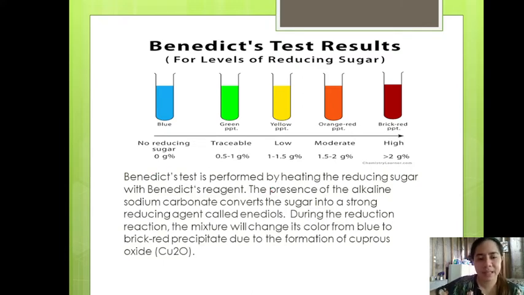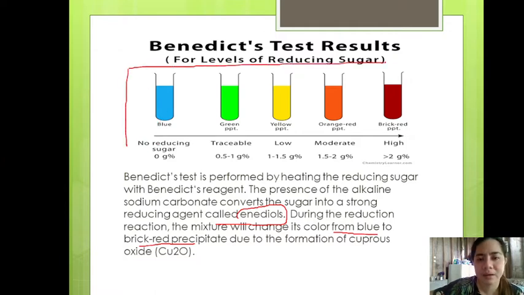The presence of alkaline sodium carbonate converts the sugar into a strong reducing agent called enediols. During the reduction reaction, the mixture will change its color from blue to brick red precipitate due to the formation of cuprous oxide. Just remember this picture.